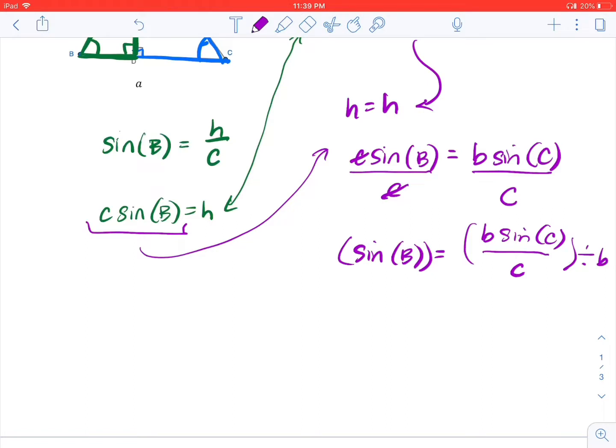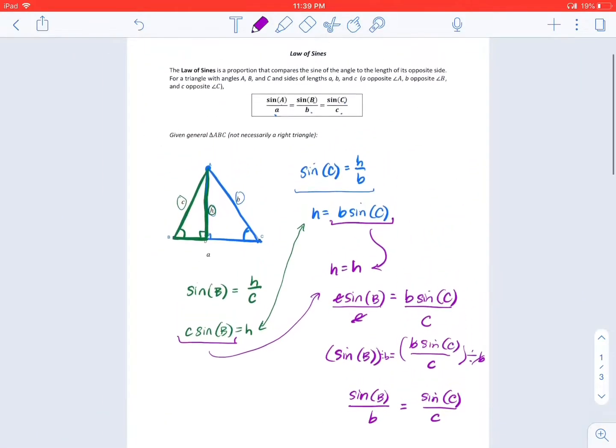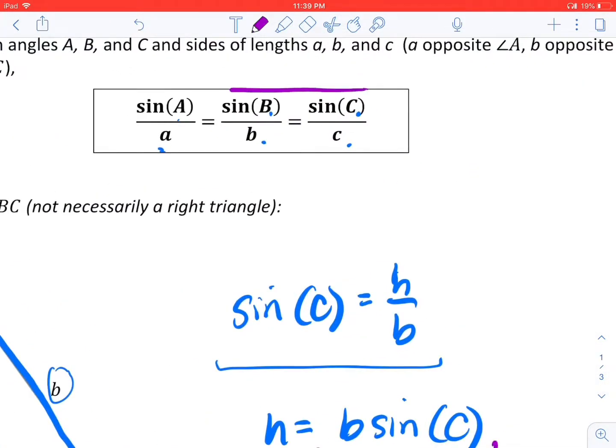The b in the numerator cancels on the right side, and I just have a b in the denominator on the left side, so the sine of angle B divided by side length b is equal to the sine of angle C divided by the side length c. And that's just one piece of the law of sines.